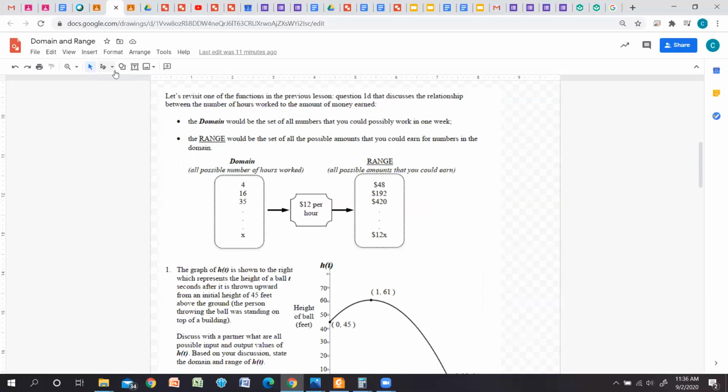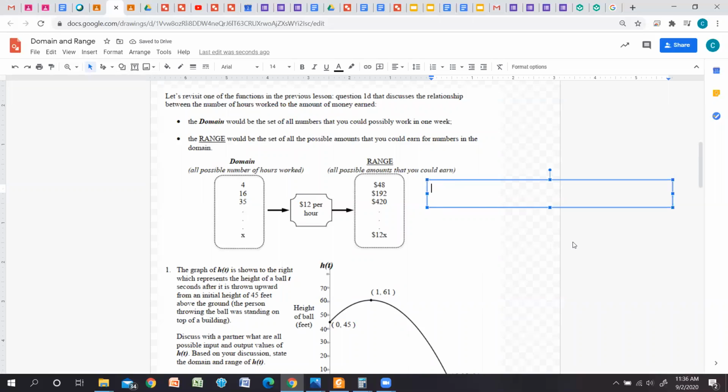At this company, they don't pay you for half an hour or just 15 minutes. It has to be whole hours. So the domain for this function is all whole numbers. In other words, the numbers 0, maybe you work 0 hours, 1, 2, 3, and dot, dot, dot, which means it keeps on going. It has to be whole numbers, including 0.